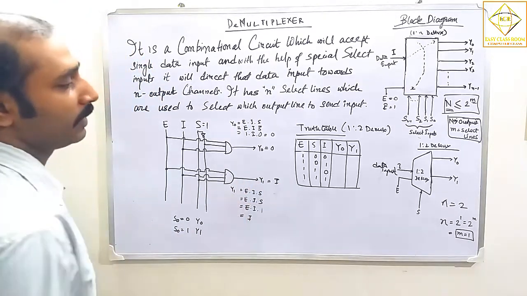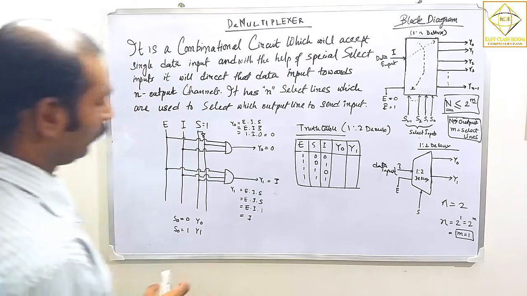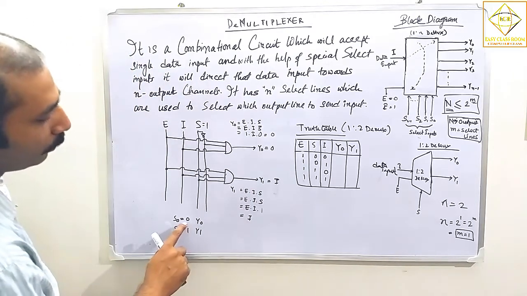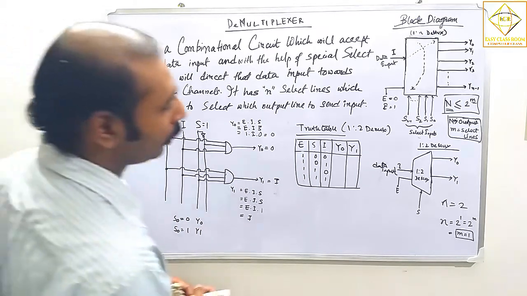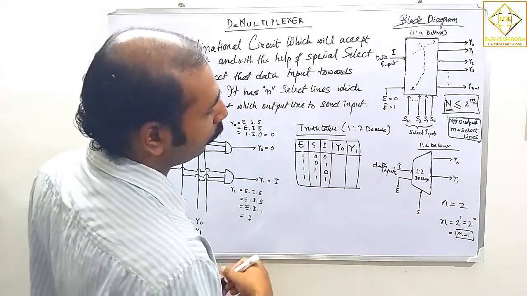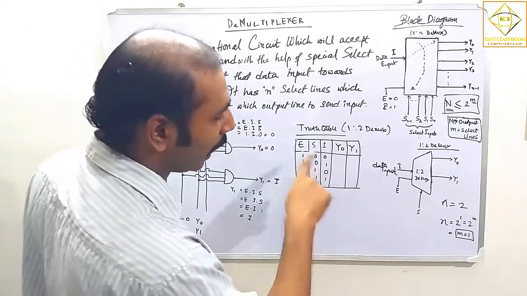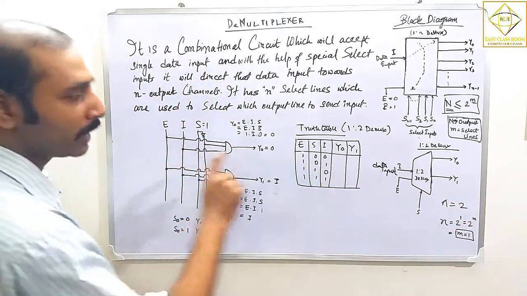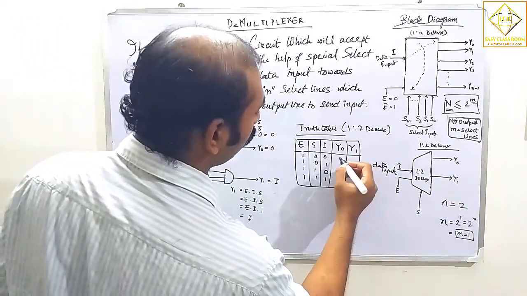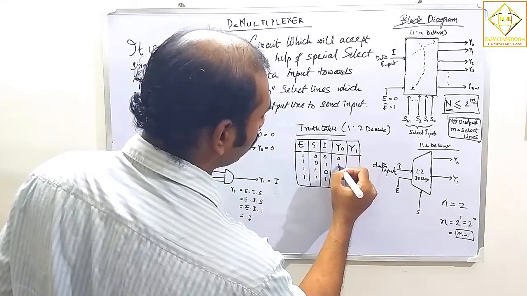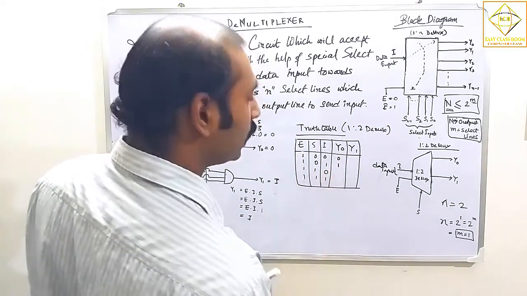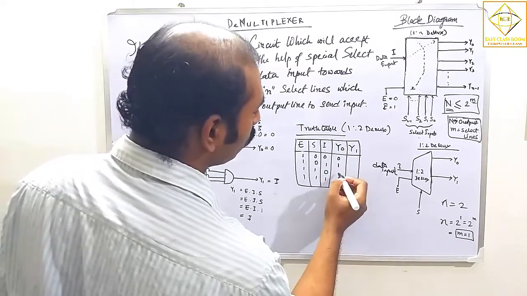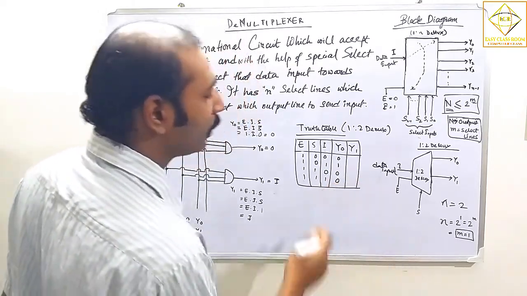Let us consider this circuit. Now since we have understood for S equals 0, what will be the output? Y0 will get the output. So S is 0, Y0 will be the output, that is I will be directed towards Y0. So here the I's value is here, and for the rest of these two outputs, the I value should be 0, negligible.